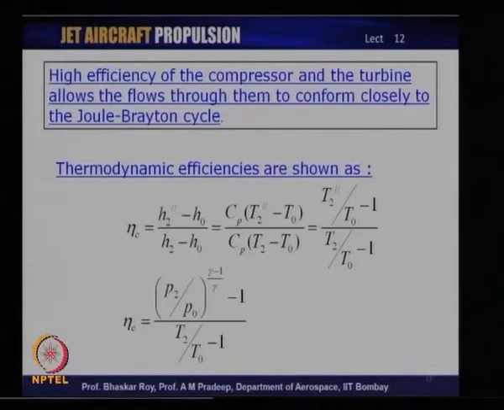So, the only way we can make sure that the jet engine is pretty close to a Brayton cycle is by ensuring that the compressors and the turbines and other components of the jet engine do have very high efficiency operation, and they are pretty close to the isentropic process, and this efficiency that we are talking about is indeed the isentropic efficiency, which I introduced just a few minutes back.